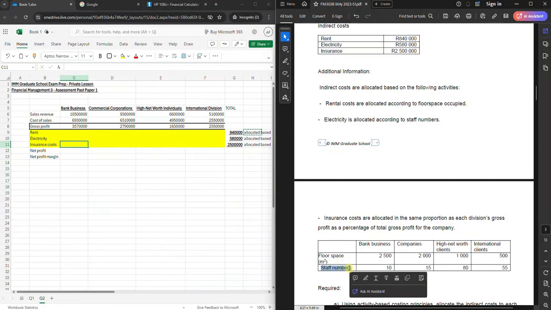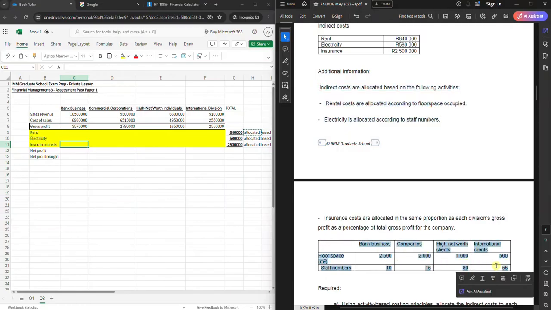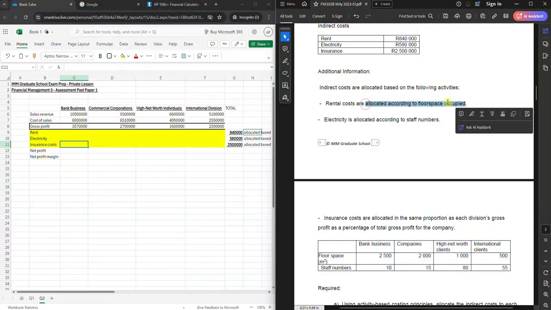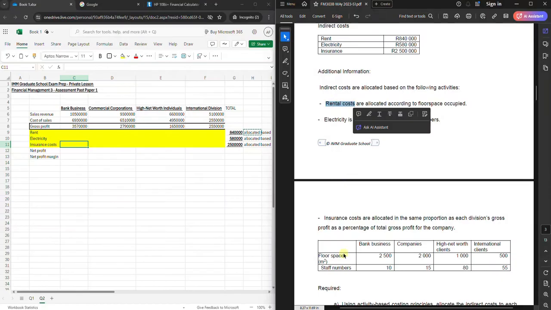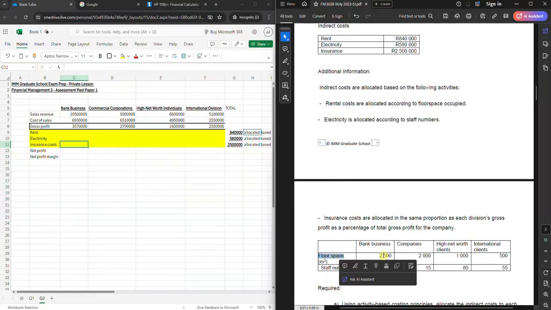Does that make sense? Yeah, no, for sure. So this they don't have to give you, but they have to give you that. Yeah, that I agree with you. What I meant was sometimes they don't give you the direct correlation. They might not tell you that you must allocate cost according to floor space, but you should know that rental is based on floor space. The floor space is the cost driver, not so? Yes. 100%. Okay. All right.